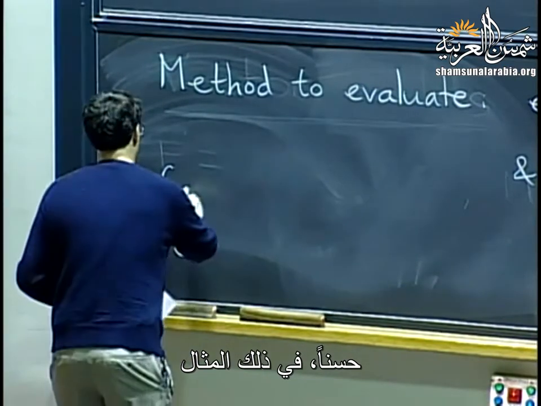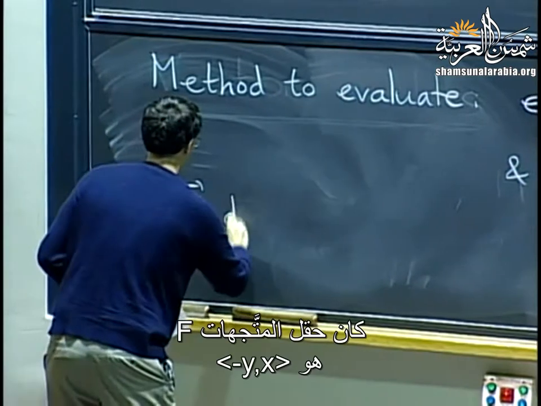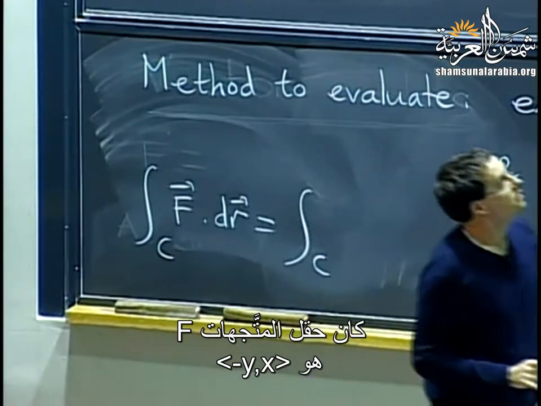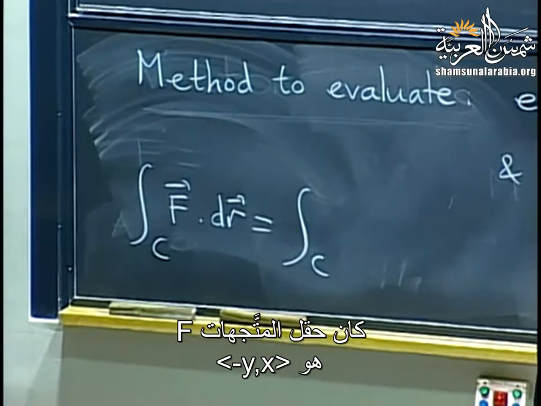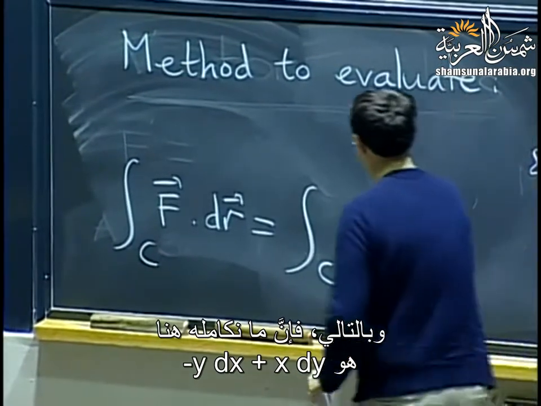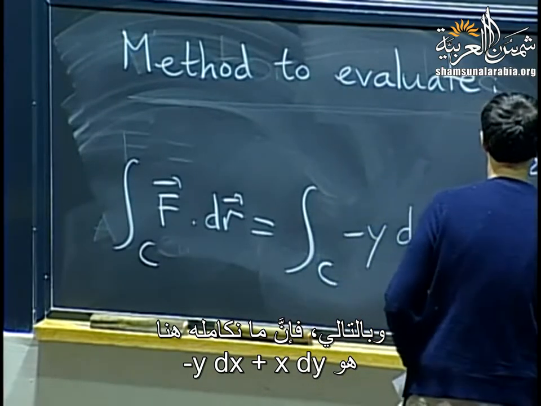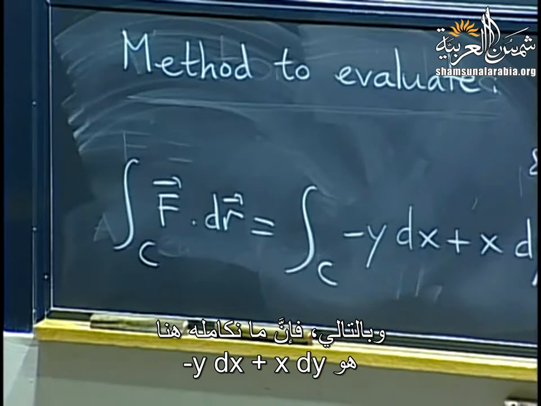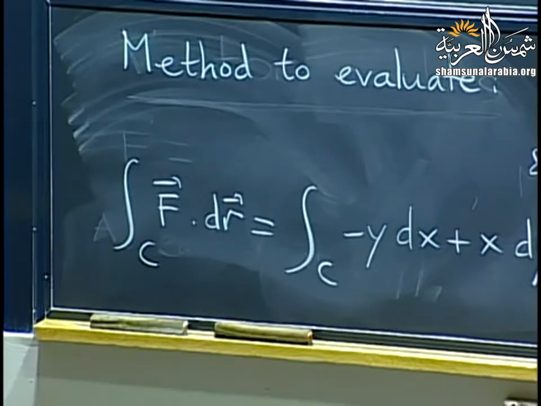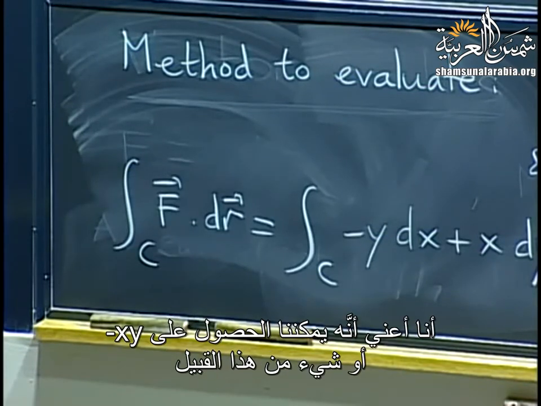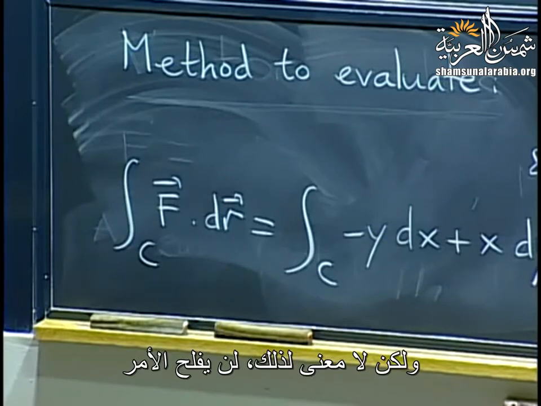In that example that we had, our vector field F was negative y comma x. So what we're integrating is negative y dx plus x dy. And if we have just this, we don't know how to integrate that. I mean, you could try to come up with something like a negative xy or something like that, but that actually doesn't make sense.